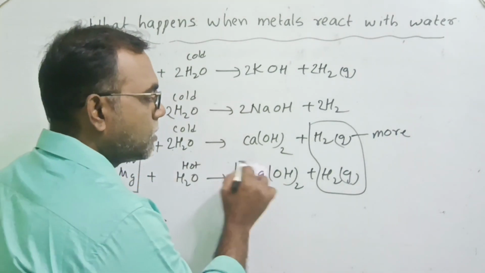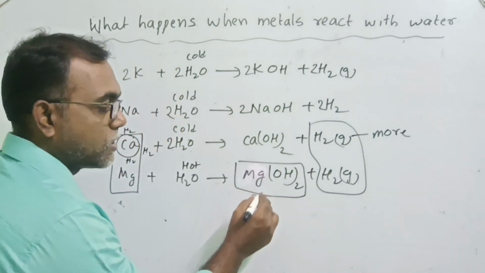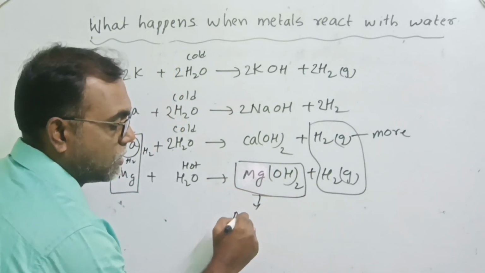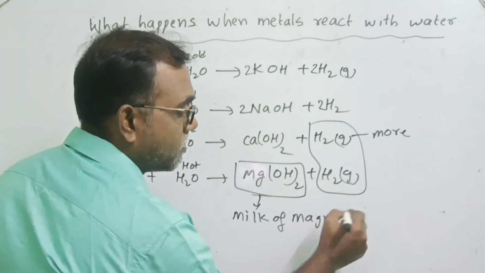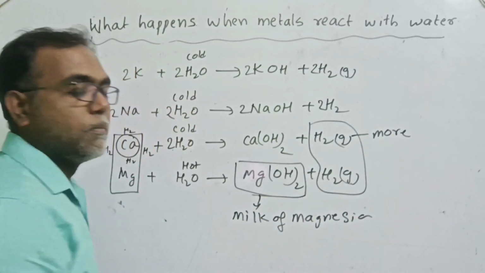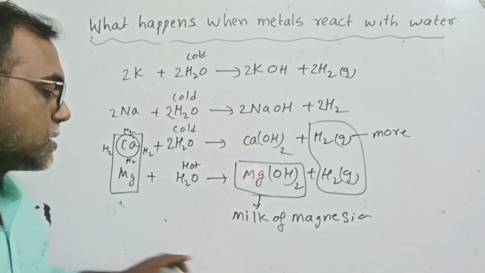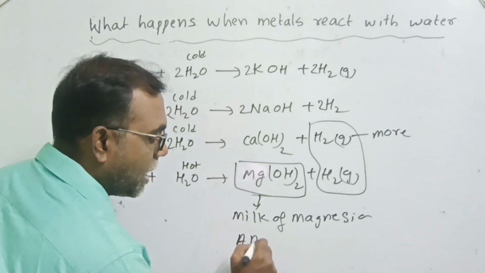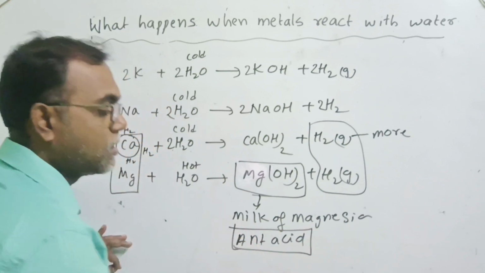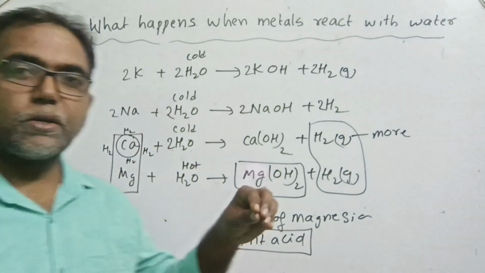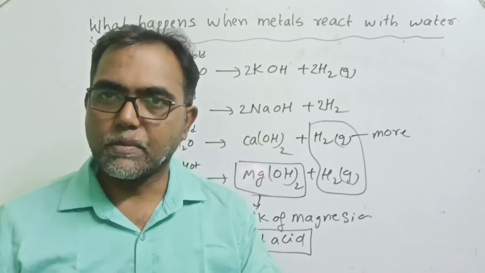And when you come to magnesium hydroxide, it is also called milk of magnesia. This milk of magnesia is used as an antacid. Antacid means which reduces acidity in the stomach.